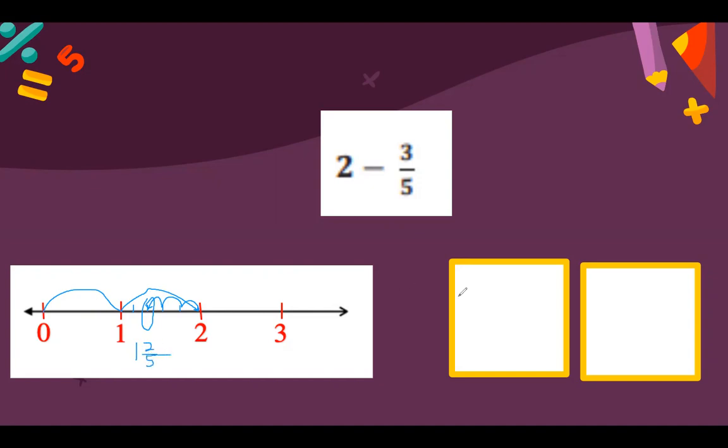Now, if we were to actually do this as a model, then we would view this one as a whole. There's got to be some bigger tool than that. Let me see. No, there is not. Okay, so I stand corrected. Okay, so let's just continue coloring this baby in.